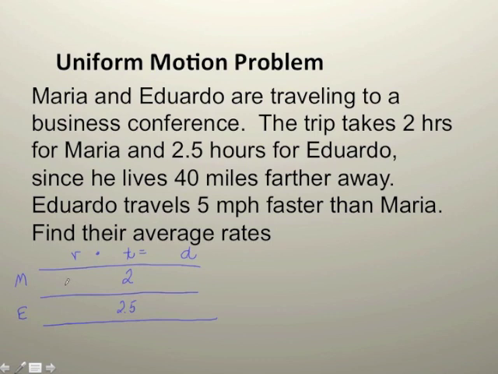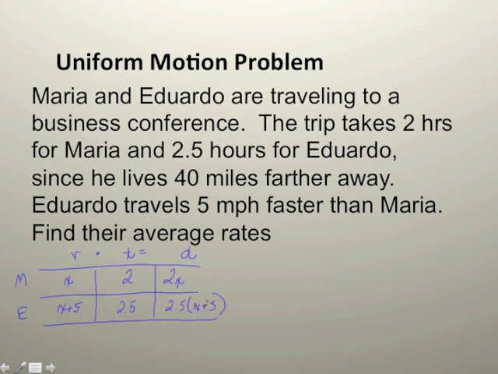So I'm going to let Maria's rate be x and Eduardo's rate be x plus 5. And then I'm filling in the distance part of this problem by doing the multiplying. Rate times time equals distance. So Maria covers a distance of 2x, and Eduardo covers a distance of 2.5 times x plus 5.